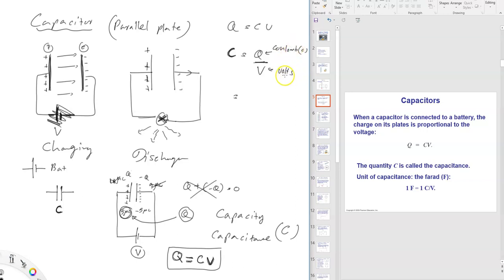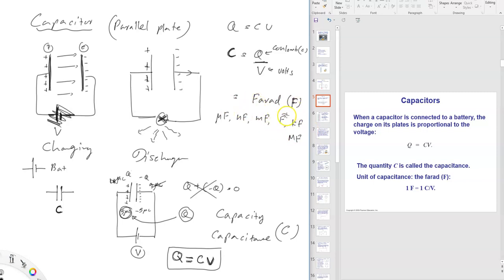So coulombs over volt is called farad, capital F. So the unit of capacitance is farad. There's microfarad, nanofarads, millifarads, farads, kilofarads, megafarads, all sorts of things.